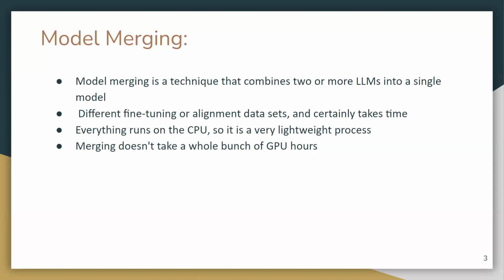If you need to do this again and again for each project, then this can be difficult to scale. So something different is required, and that's what model merging is about. It's trying to find another way to build high quality models.